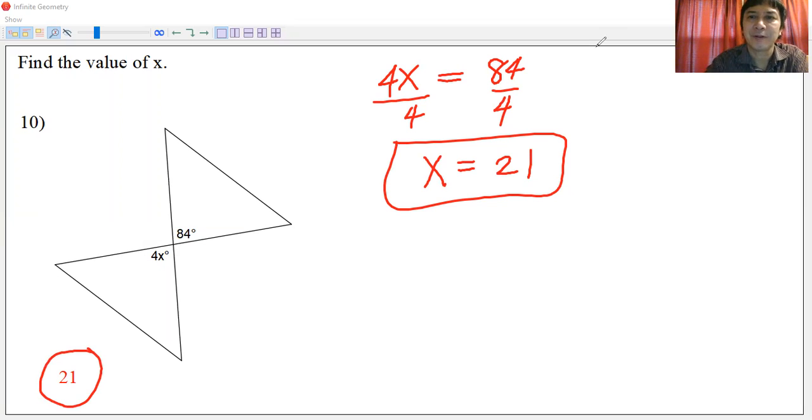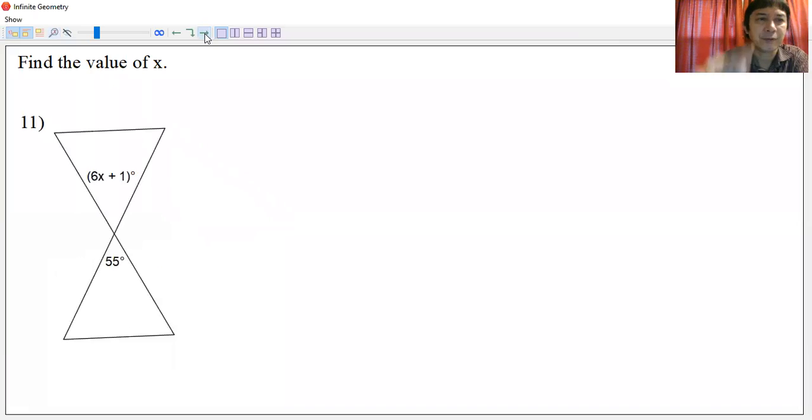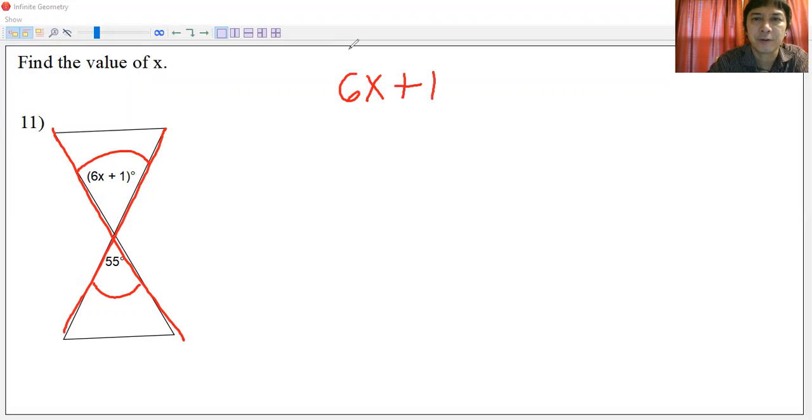Next, let's have number 11. 6x plus 1 equals 55. Again, we have here a vertical angle pair formed by two intersecting lines. Therefore, this must be equal to the 55. So we have the equation 6x plus 1 equals 55. So we need to get the x only. Subtract 1 and subtract 1.